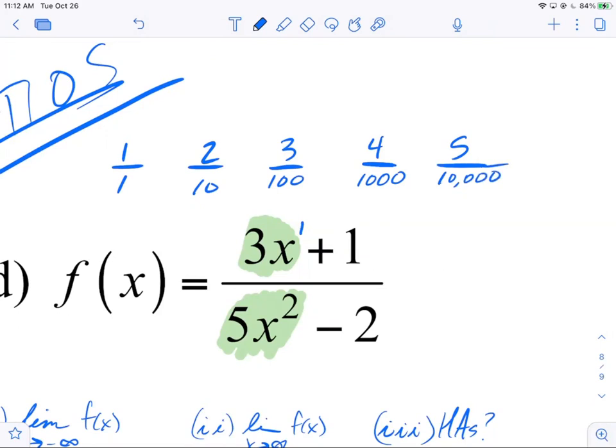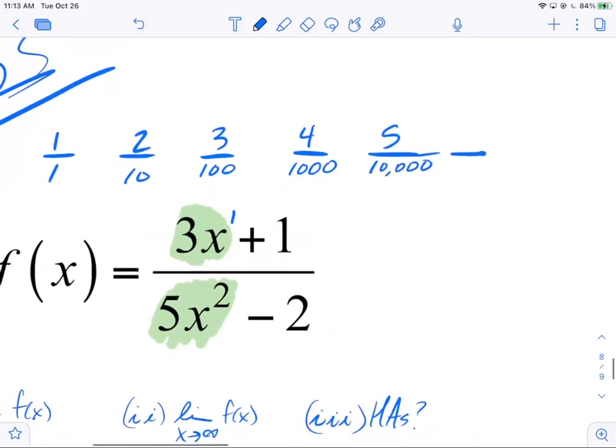Because really, it doesn't matter how much faster the bottom grows than the top. If the bottom grows faster than the top, you're going to get the same result every time, okay? What's happening then to those ratios as we go from left to right? They're getting smaller, aren't they? Smaller and smaller, approaching what? Negative infinity? Positive infinity, that's not small.